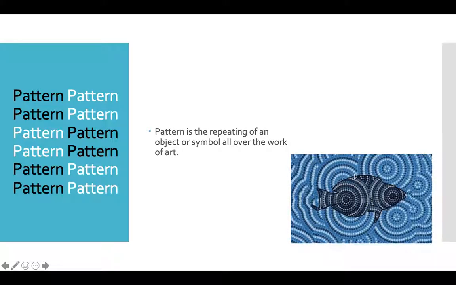You also have the repetition of shape. So the entire piece is made up of nothing but circles. And actually we do have some line there for that contrast. And then it's just the repetition of that color pattern going for this part making up the fish and then the waters in the outline.